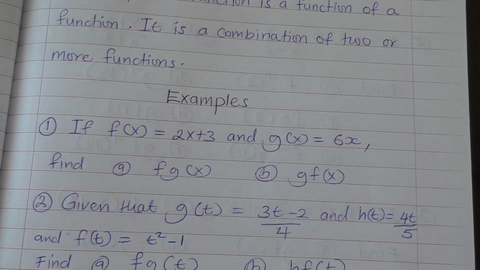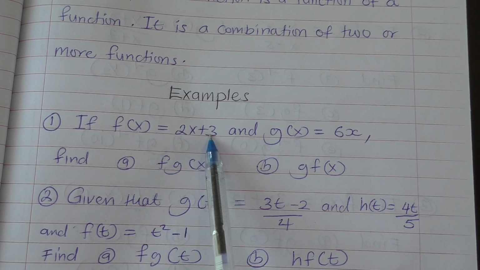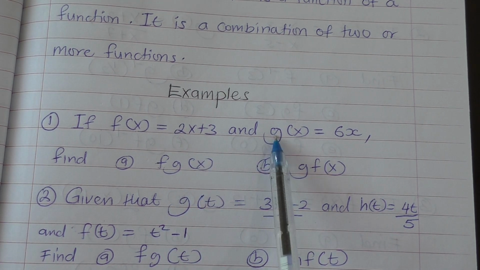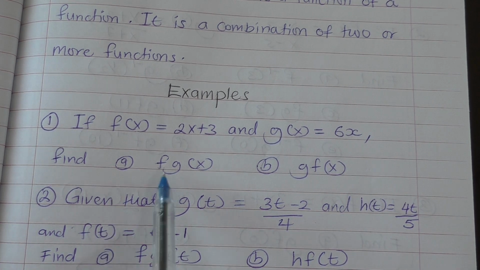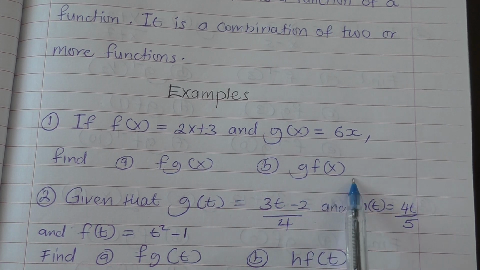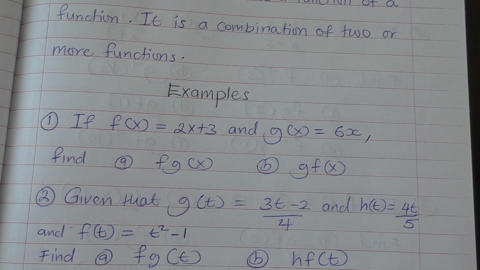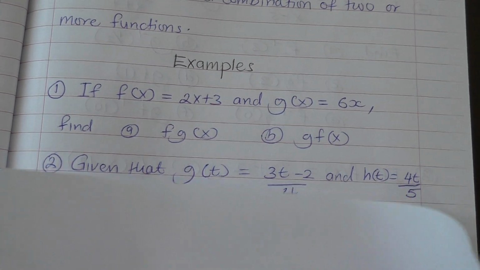For instance, if we have f of x as 2x plus 3 and g of x as 6x, they want us to find fg of x and gf of x. This is how we shall find that. So we have the two functions.